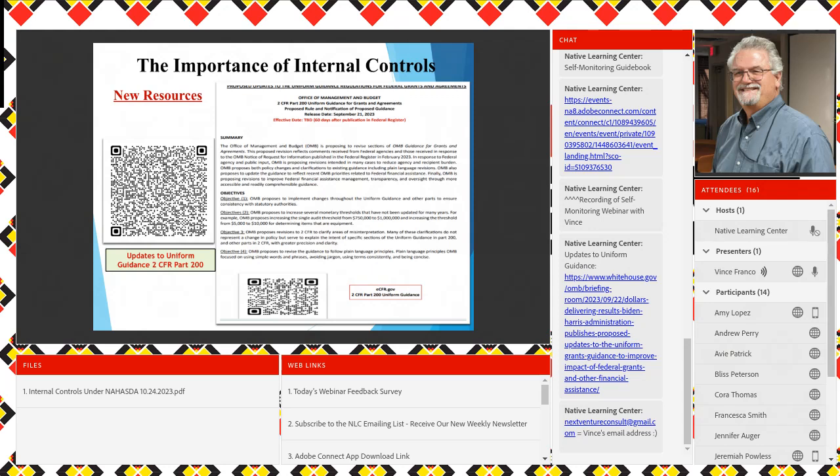So it's like a 450-page document, plus or minus. You have to know how to navigate through it to find 2 CFR Part 200. That section is buried within the updates. I found it, I looked at it, I analyzed it, and I created my interpretation of the updates.